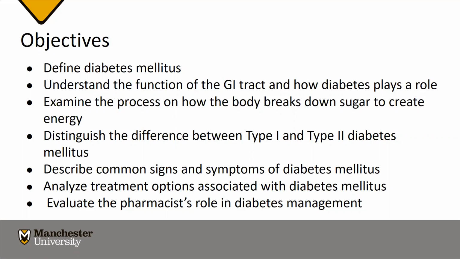We're going to examine the process of how the body breaks down our food into sugar and gets us energy. We're going to distinguish the difference between type 1 and type 2 diabetes. We're going to describe the common signs and symptoms of diabetes, analyze the treatment options associated with diabetes, and then evaluate what the pharmacist can do and what their role is when it comes to diabetes management.